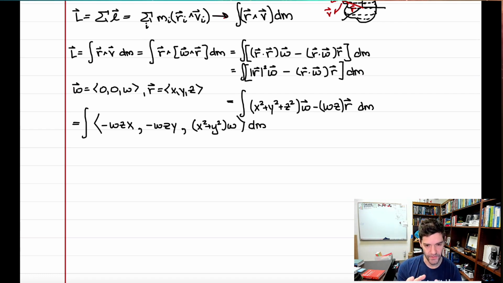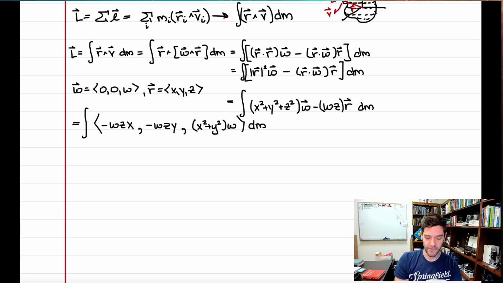And then there are these cross terms that are pointing in the x and the y direction, which is not where the rotation is happening, corresponding to omega. So this is a general expression for how you would evaluate the angular momentum of an object undergoing rigid body rotation. It would have three components.